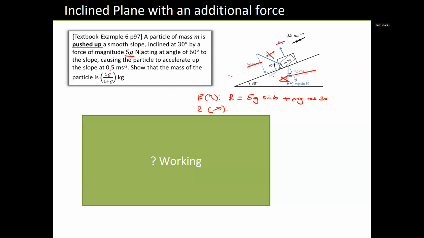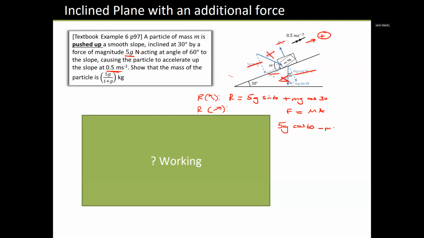So I know that there's acceleration going on. So I'm going to try and make an equation with F equals ma and see what goes on with that. So to the right is going to be positive for me on this one. So do I have any forces going to the right? Yes. mg cos 60. Any other forces going to the right? No. Any forces left? Yes. So that's going to be a negative then.